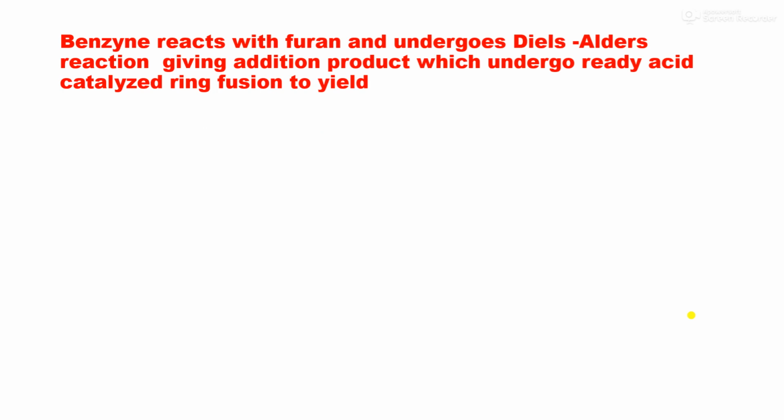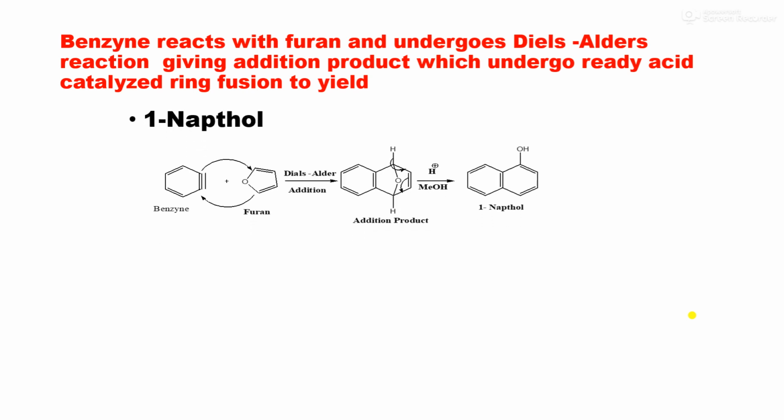Benzyne reacts with furan and undergoes a Diels-Alder reaction. So friends, the benzyne intermediate reaction has many applications. This is the first application, reaction of furan with the benzyne intermediate by Diels-Alder reaction, and we get an adduct, and we can synthesize different compounds. See here, furan is there and benzyne is there. So these two, diene and dienophile, react.